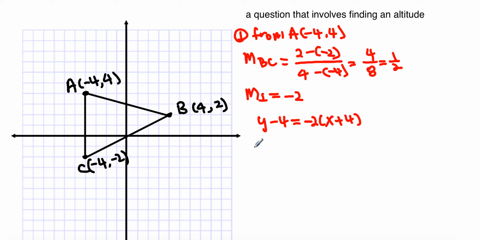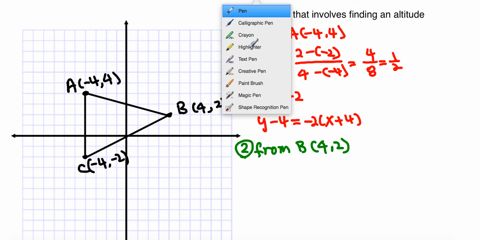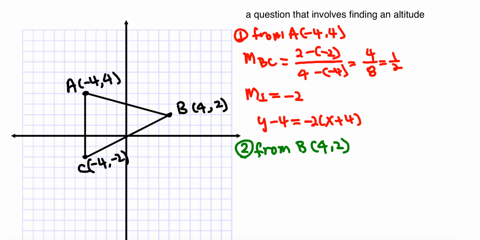Now, let's try to do from B. B is 4 comma 2. But as you can see, after you plot the points, you will realize that the side opposite from B is AC. And you can see that AC is vertical like this. That means what do you realize about this perpendicular line? It would be horizontal like this.